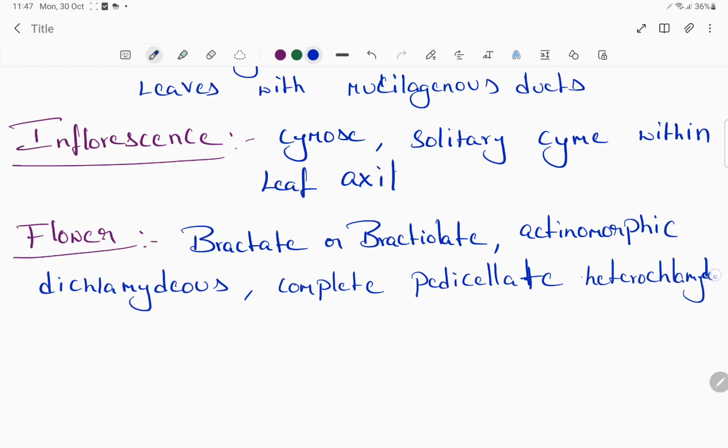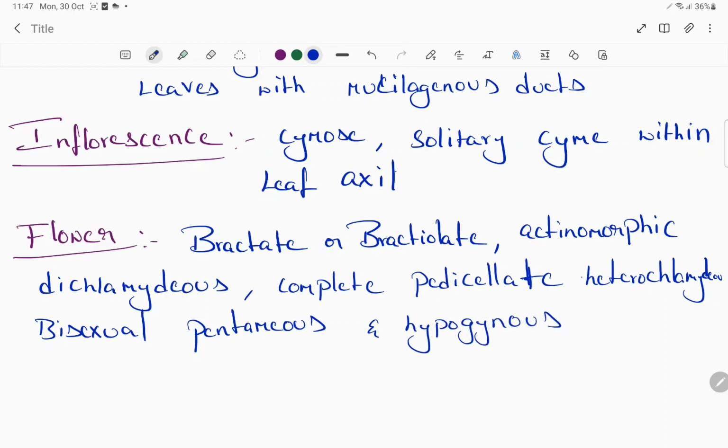Heterochlamydeous, which means having both types of whorls, calyx and corolla. Bisexual. We have pentamerous because it's a dicot, and hypogynous, which is superior ovary. Interesting to note that Fabaceae, Malvaceae, Liliaceae, Solanaceae all have superior ovary. And mucilage is seen in floral structures.